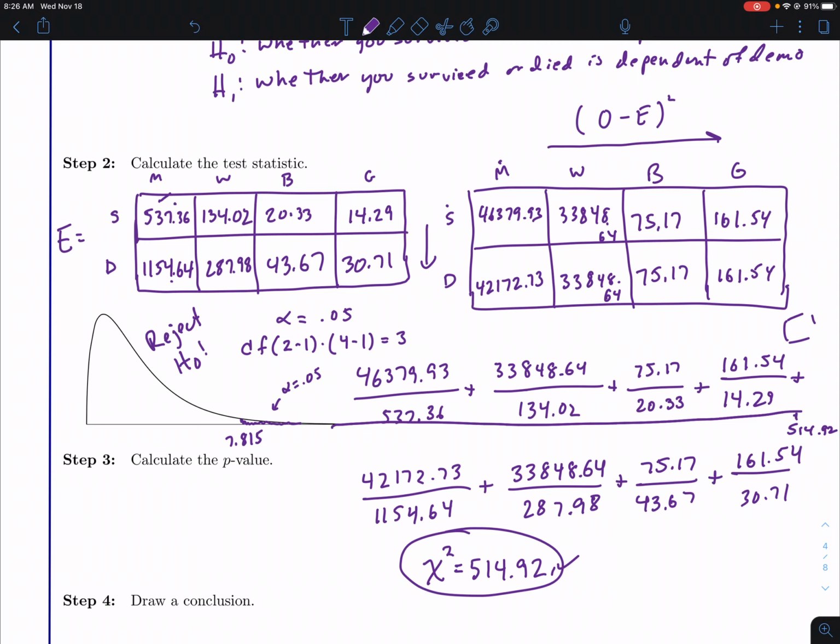So in this case, we're going to do the chi-squared CDF. Our 514.92, comma 100,000, comma our degrees of freedom, which is 3.